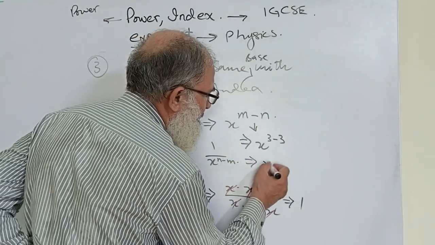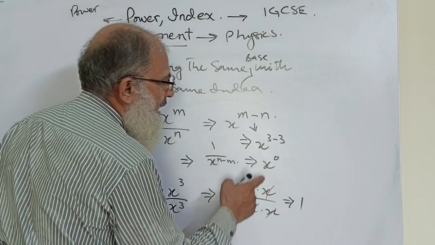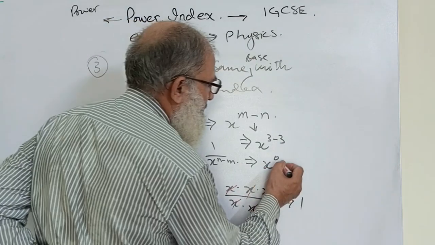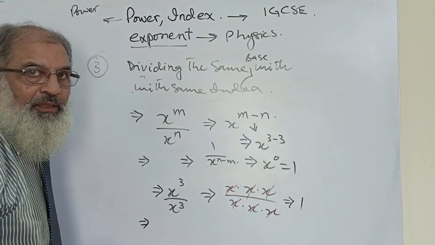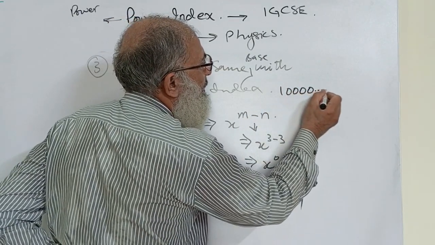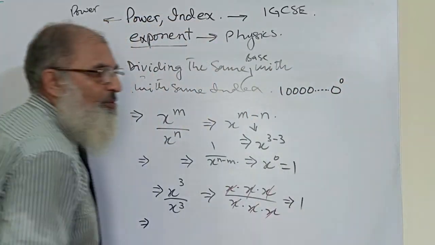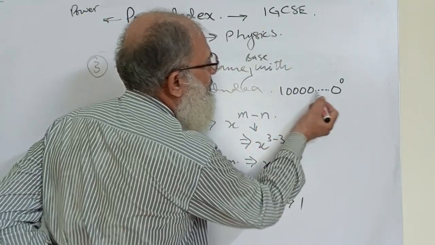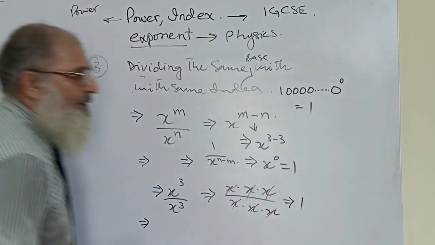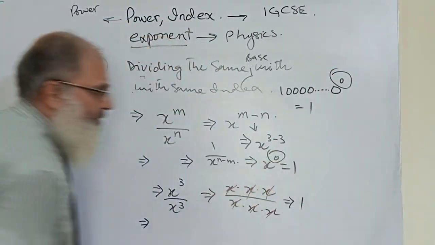It is x^0, and I have told you many times that anything raised to power 0 is 1. Remember this. Even if it is many zeros, and it is also raised to power 0, it is 1. Many unlimited zeros, raised to power 0, will also be equal to 1. By virtue of this.